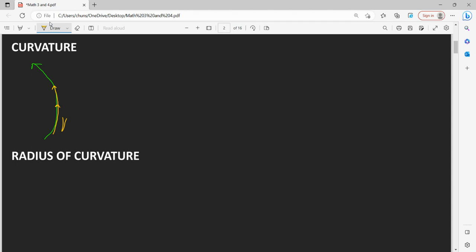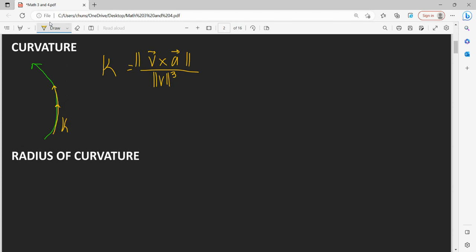So this is represented by Greek letter kappa, kind of just looks like a K. And this is defined by the equation: the magnitude of velocity cross product of acceleration, over speed cubed.